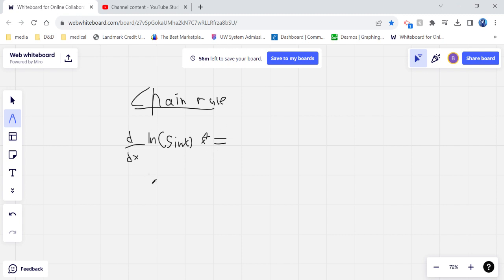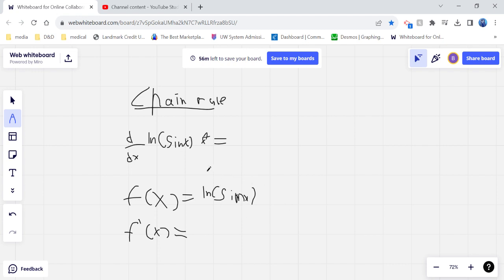So let's say this composite function is f of x, and x to the fourth is g of x. So f of x would equal ln of sine of x. If we wanted to find f prime of x, we would take the derivative of the outside, right? Ln x is that outside function.